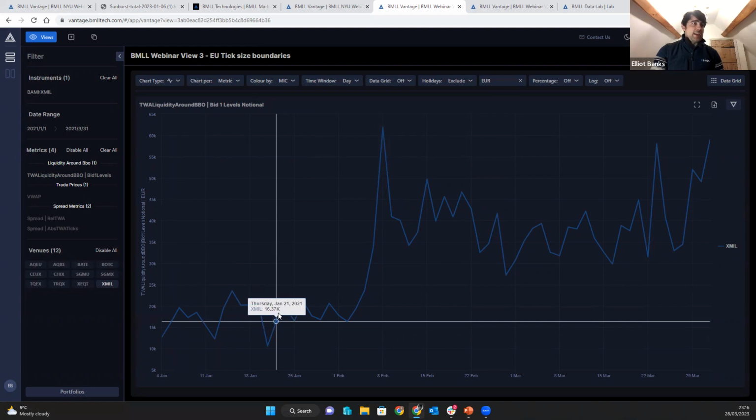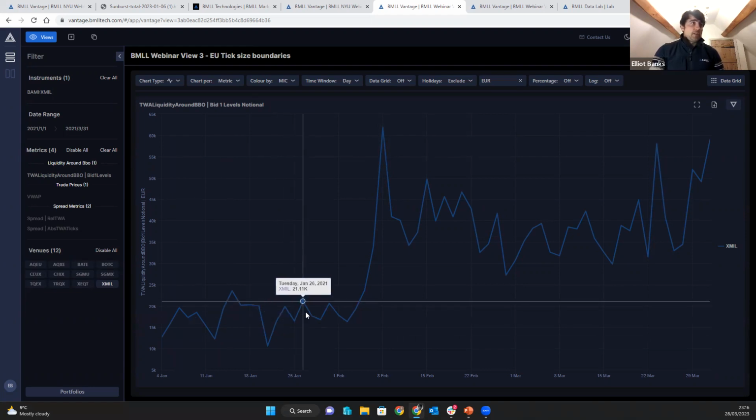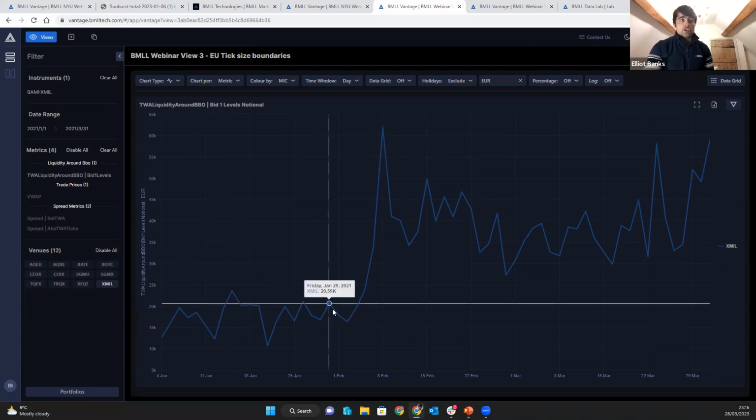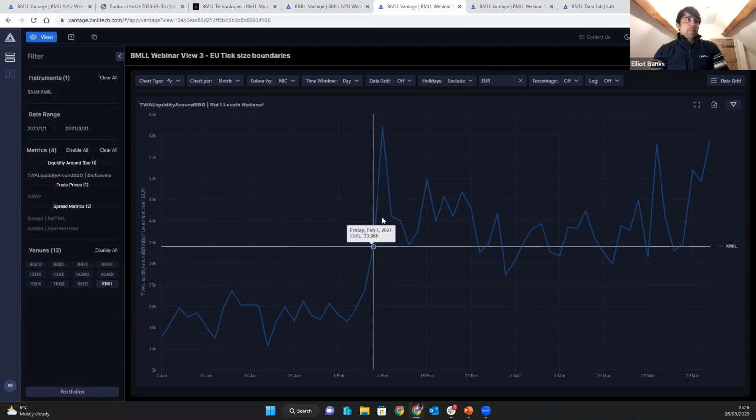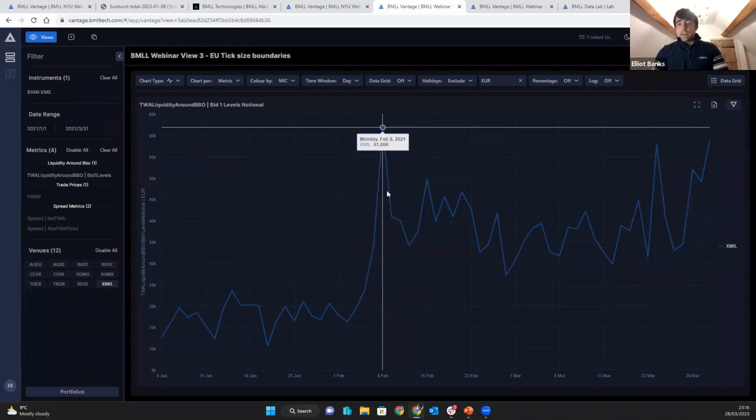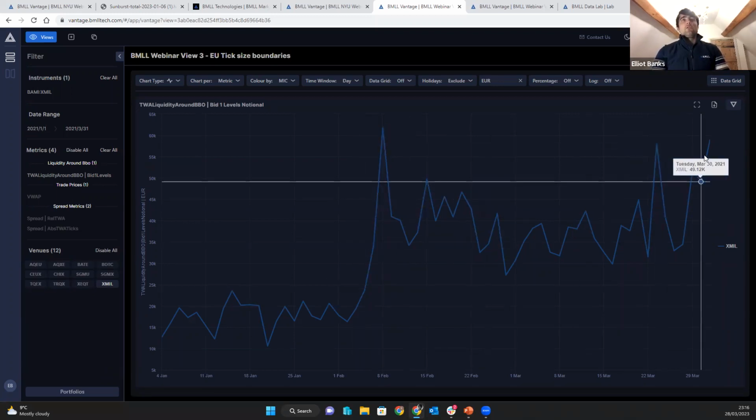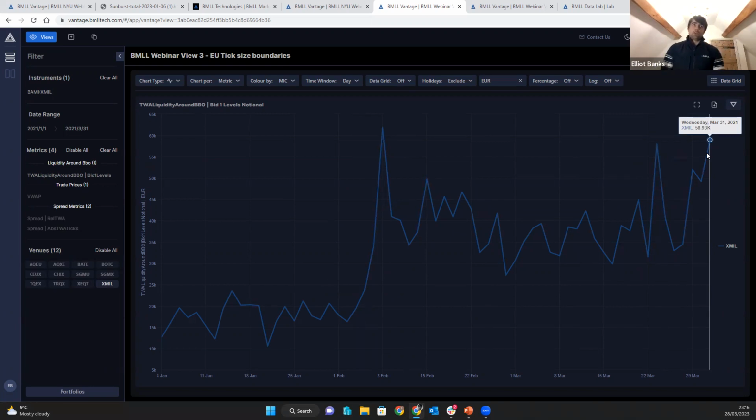So what you can see here is there's around 20,000 euros of notional on average at the best bid over the day, and then suddenly we get a jump to 60,000. It happens pretty quickly over a couple of days, and then the liquidity stays there pretty constant.